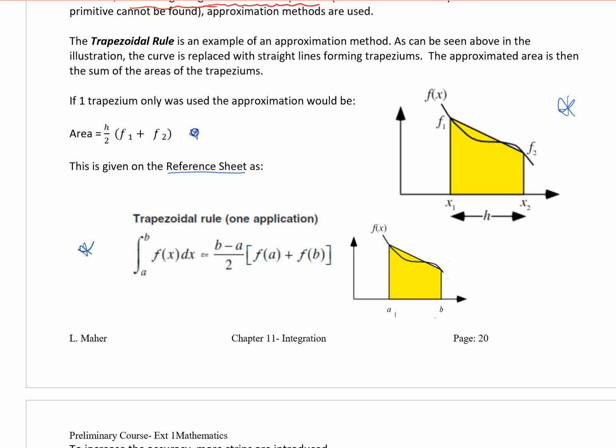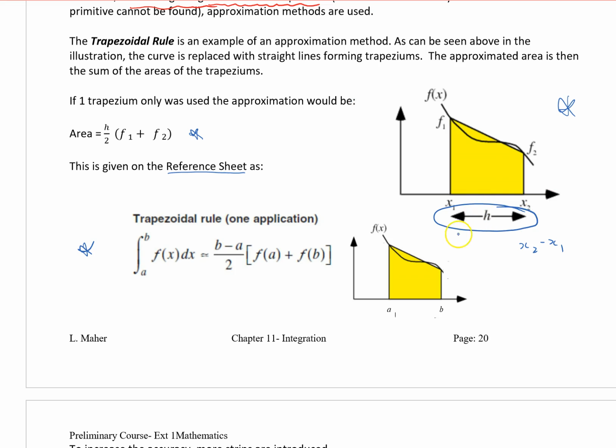You can see here the area is H on 2, where H, in this case, is x2 minus x1. It's that distance between there. Now, we don't usually call them x1 and x2.